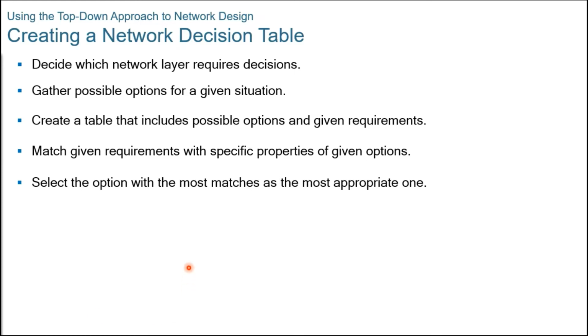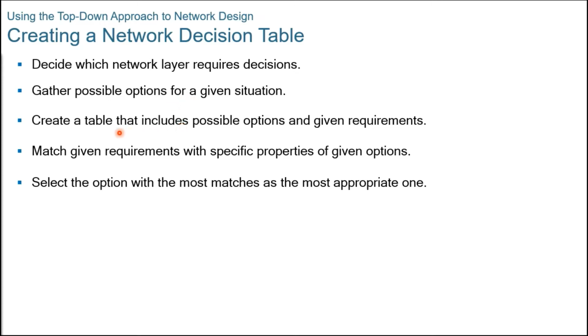Step 2, collect possible options for each decision. Be certain to include all options or as many as possible to obtain maximum value from the decision table. So a thorough survey of the existing state of technology and considerable knowledge are needed to include all options.